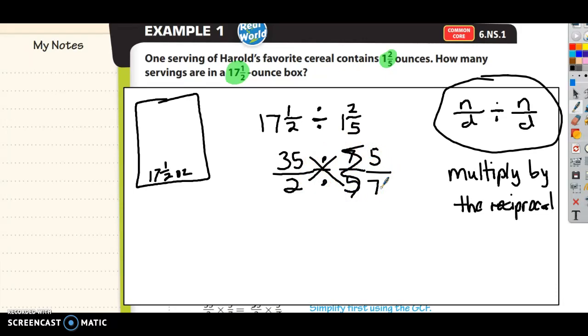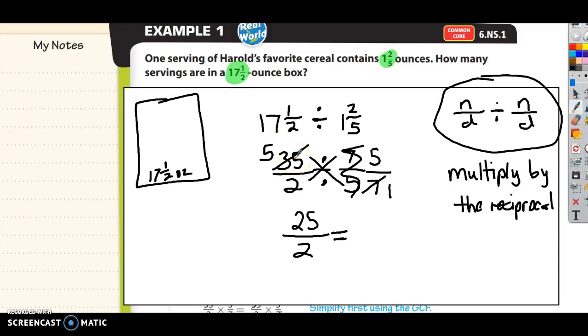Now it's a multiplication problem, and I could do 35 times 5, but I should simplify first. 35 and 7 share a factor of 7. 7 goes into 35 5 times, and 7 goes into itself once. Now I have 5 times 5 is 25. 2 times 1 is 2. And now I need to go back. Remember earlier I had a mixed number and I changed it to an improper fraction.